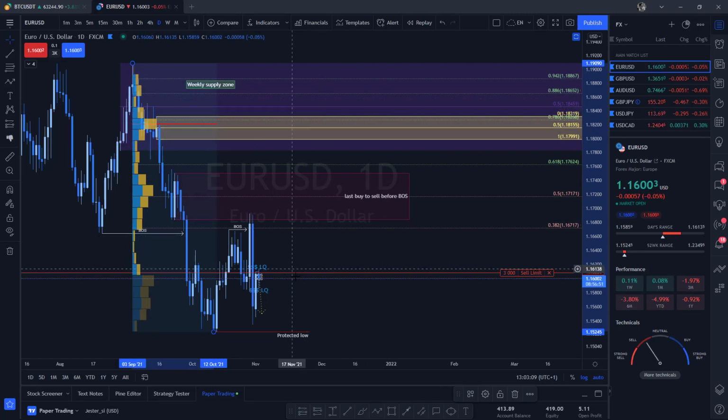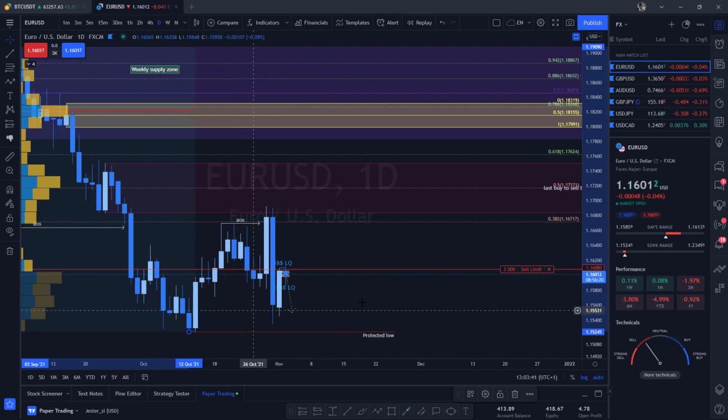And then you look for confluence with the order blocks, the last buy to sell in this example here before the break of structure. I believe this is the second most volume area, which was not yet tapped in.